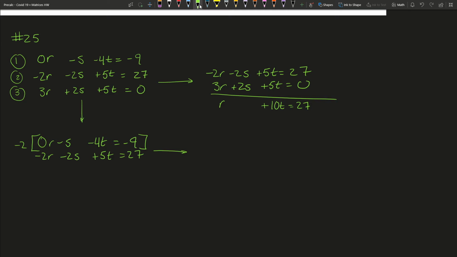When we do that, we still have 0R plus 2S plus 8T is equal to 18.